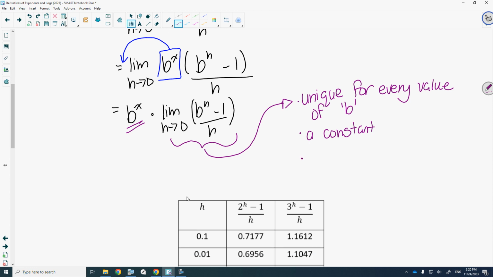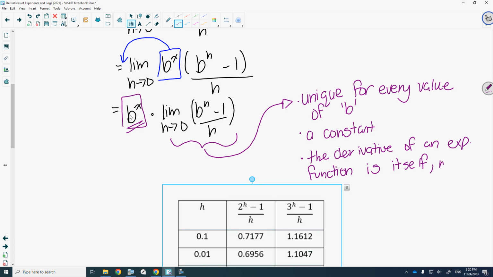Essentially, what we have now is that the derivative of an exponential function is itself, so the derivative of b to the x is b to the x multiplied by whatever value we get this limit to be, and essentially that value is going to be a vertical stretch factor.